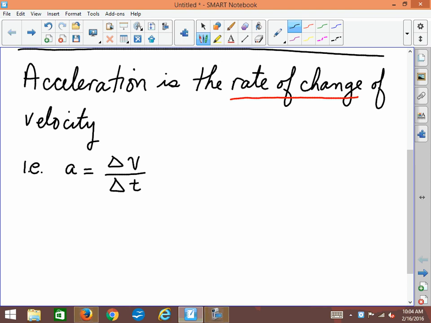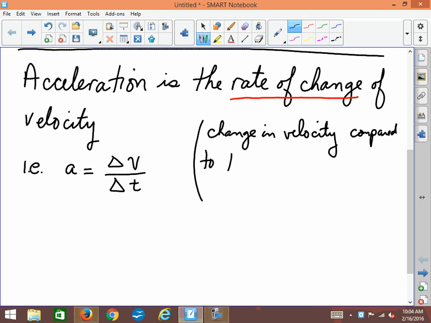I'll write that over here in words, so we can translate our English and our math. The change in velocity, delta V, compared to the change in time.